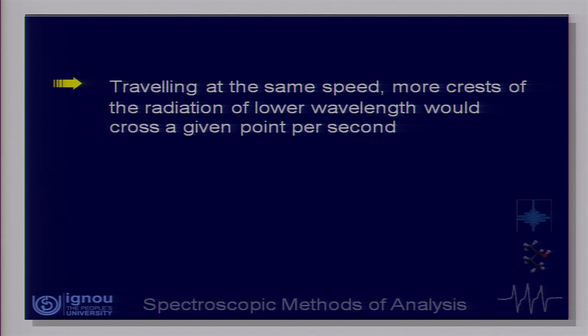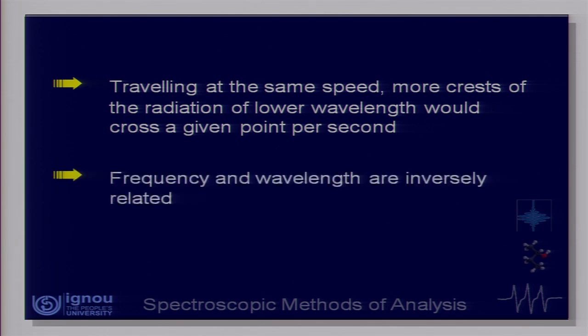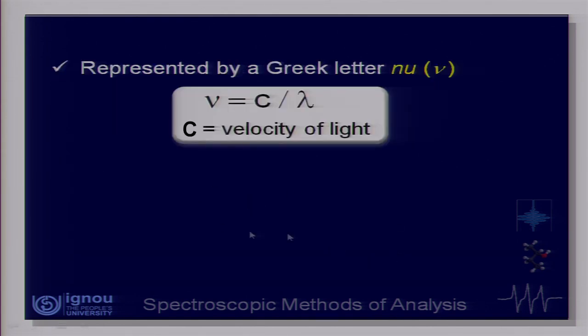Essentially, if I have two waves moving at the same speed, for the one with larger wavelength, fewer waves will pass through, and it will have a lower frequency. In other words, frequency and wavelength are inversely related, and that translates into the following expression: nu, the symbol for frequency, is equal to c by lambda, where c is the velocity of light.